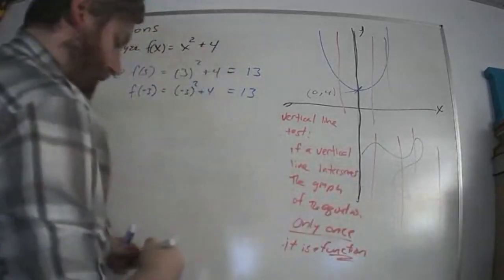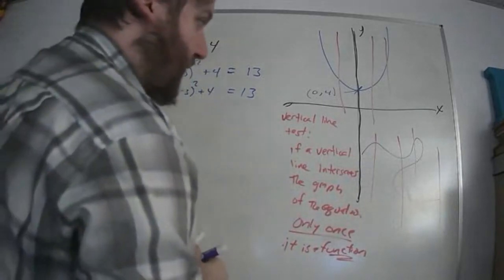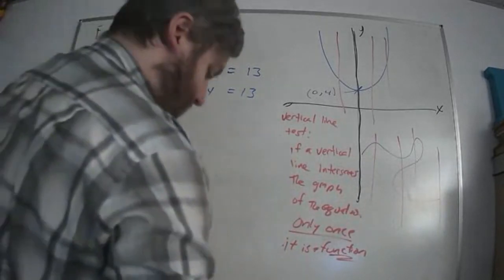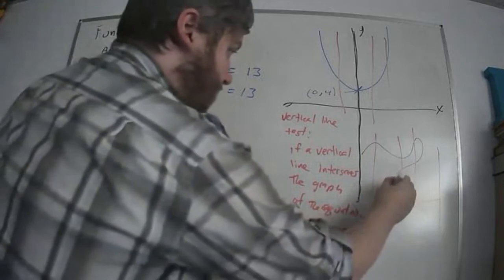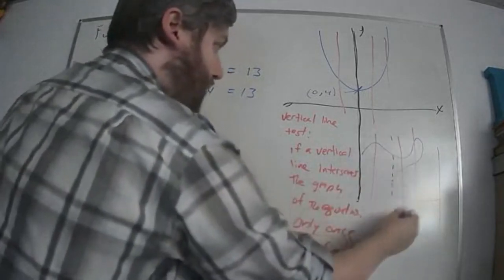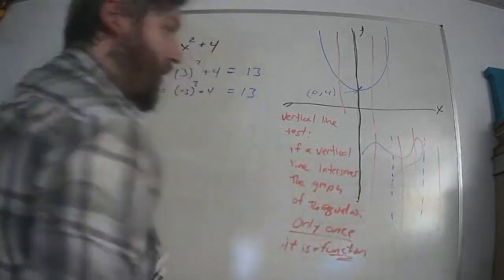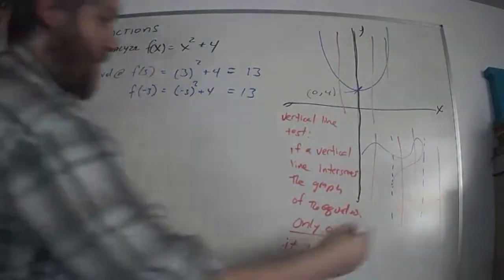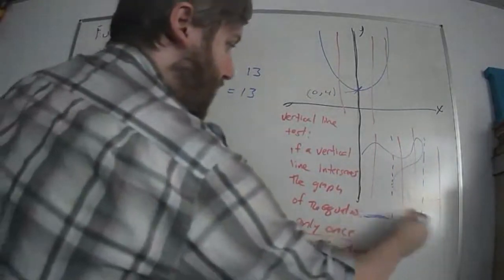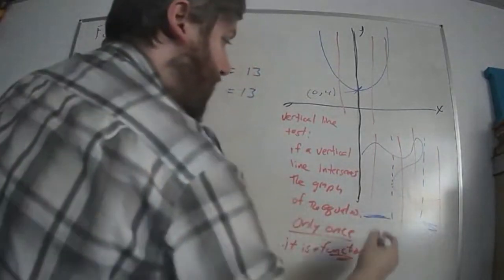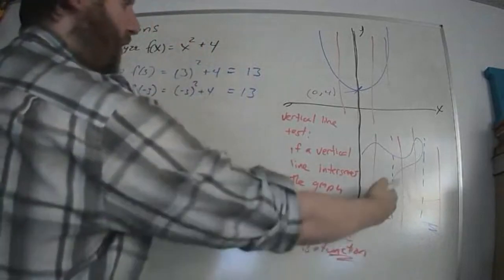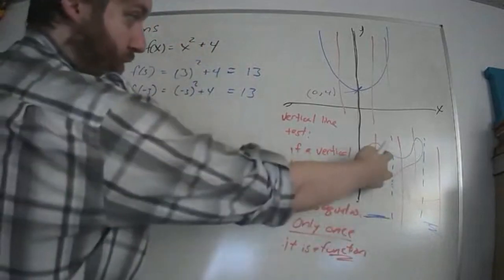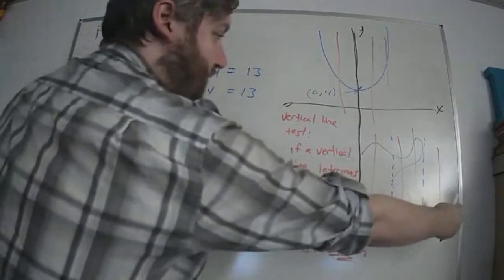However, this is the sort of thing that can be called a piecewise function, right? Because if I look at this function and I cut out those parts, on this side of this blue line, this is a function. And on this side, it's a function.